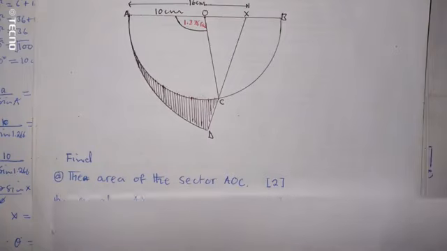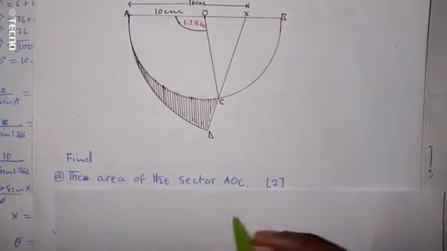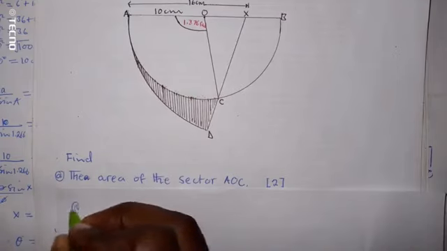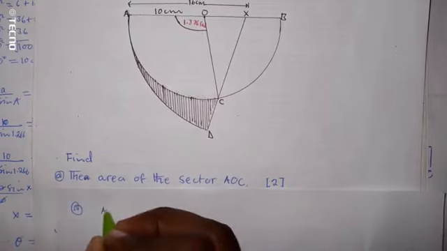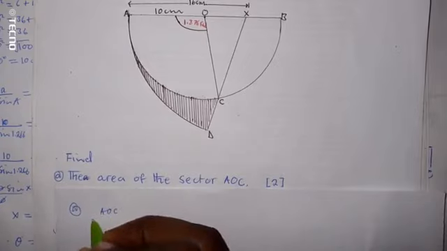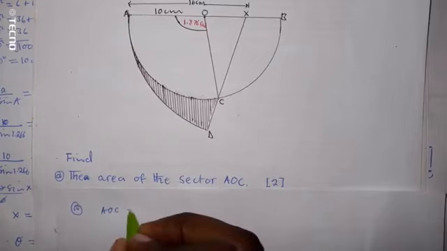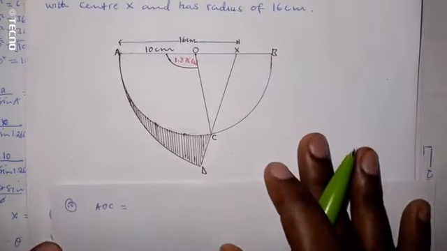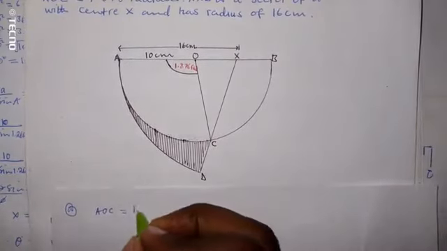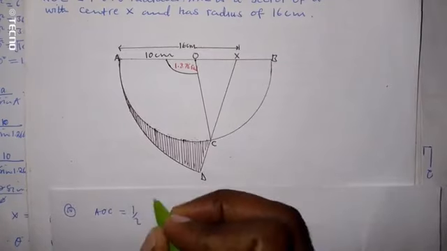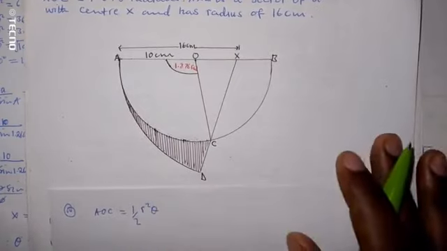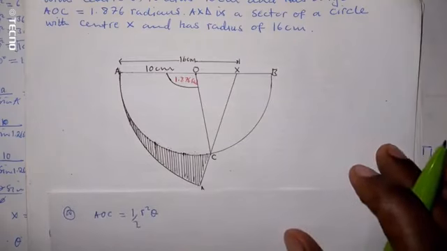So here what you are going to answer is the area. So we say area of AOC. Now when you talk of the area of a sector, the area of a sector is half r squared theta, where theta is an angle in radians.